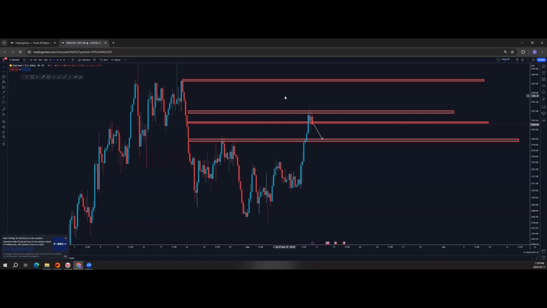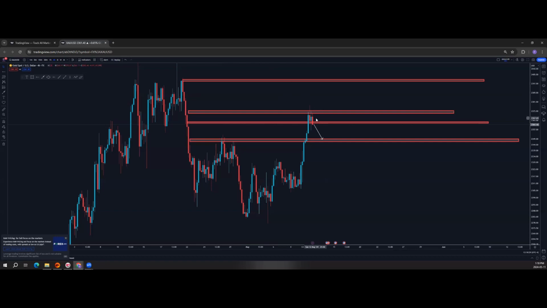So you want to be with that 4-hour. For the 1 hour, you wouldn't want to scalp gold looking at the 15 minute, because there's too much manipulation happening on the 15. Some people jump on the 1 minute, 5 minute, but based on my experience, it's not a good idea. 30 minutes, there are exceptions.